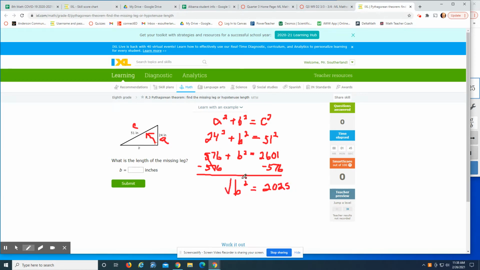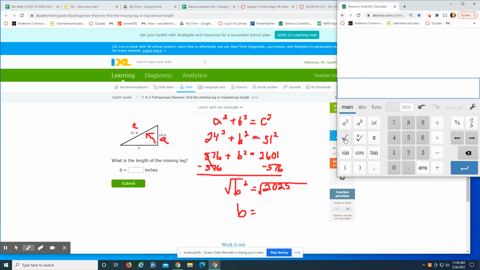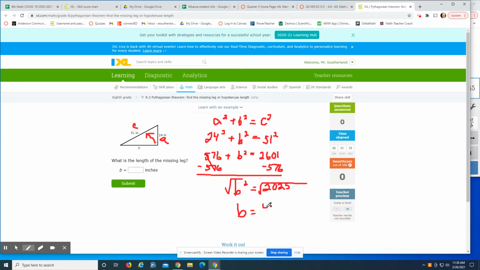Then we're going to find the square root of both sides so that we can figure out what just B is. The square root of B squared is B. The square root of 2025 is 45. And so we would simply type in that B is 45.